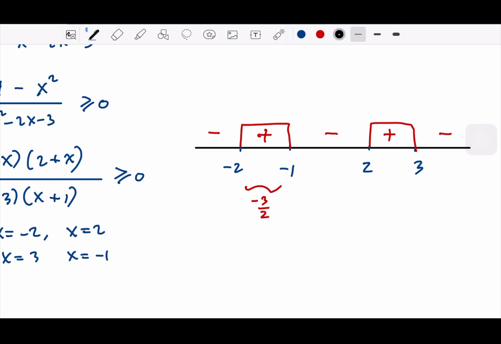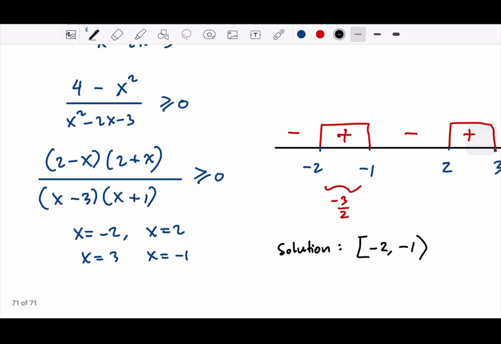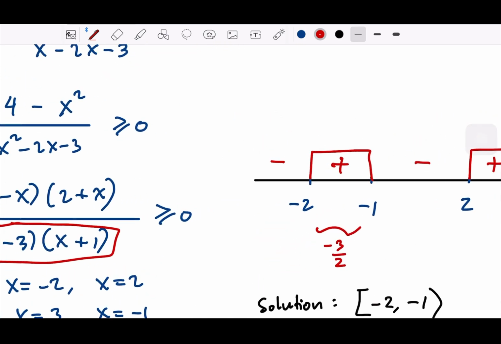So we could write the solution like this. How we get this, I forgot to mention the denominator.